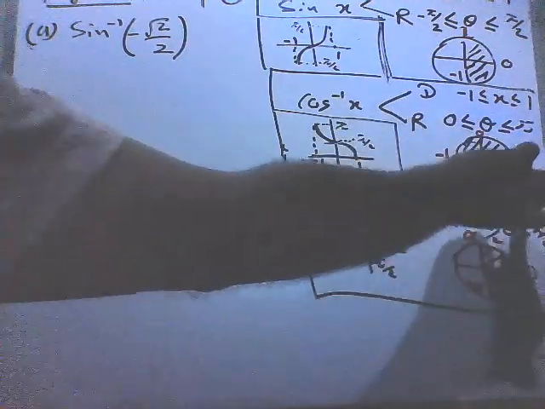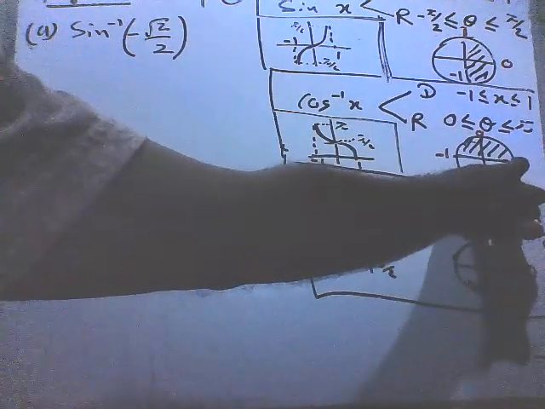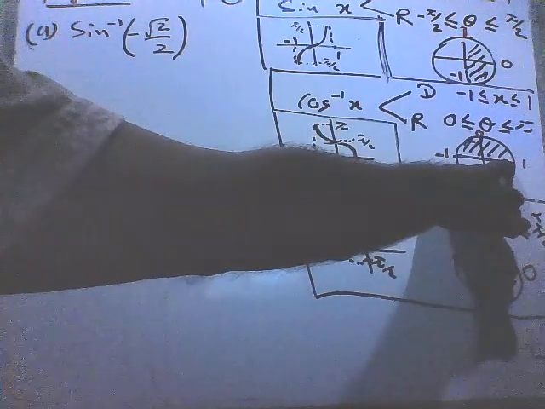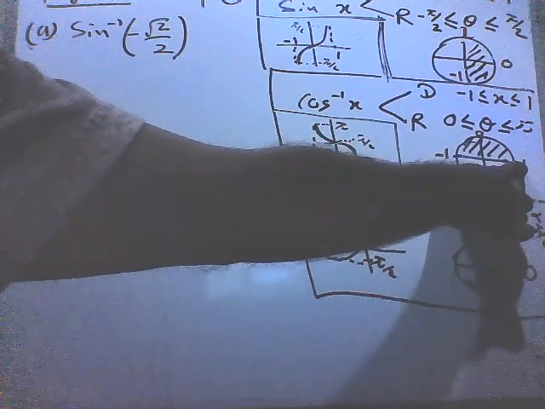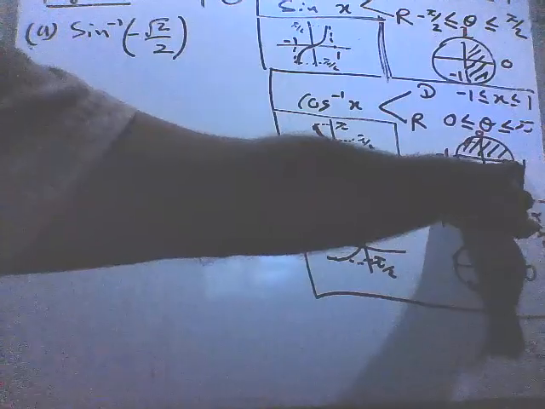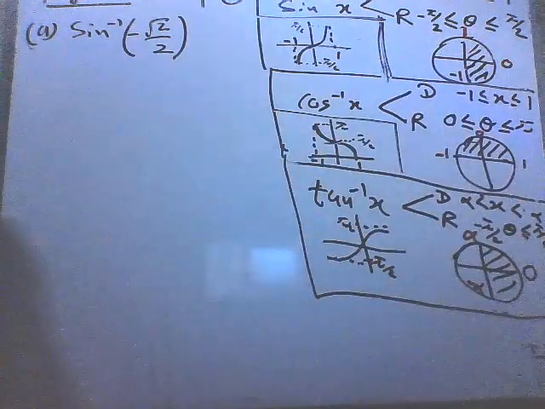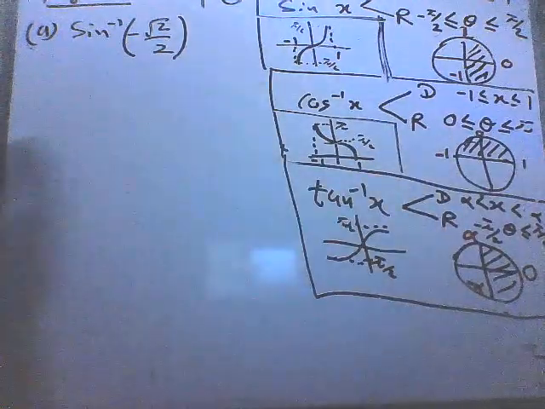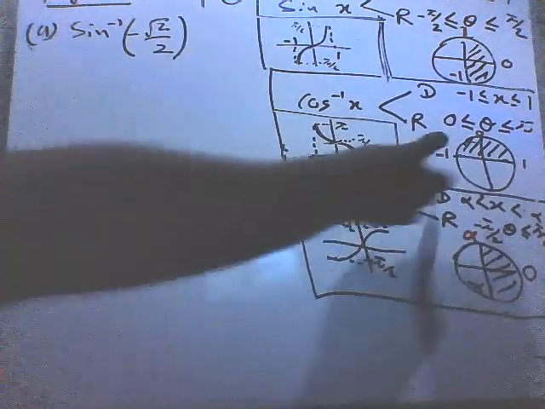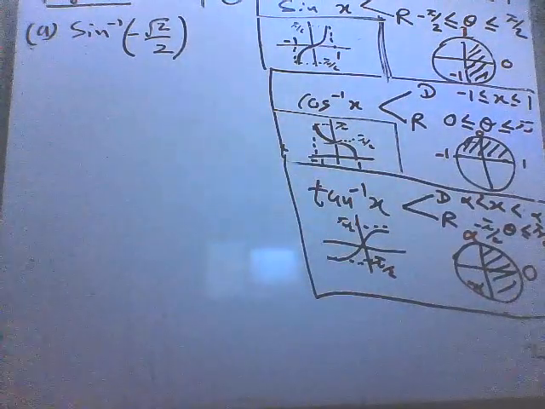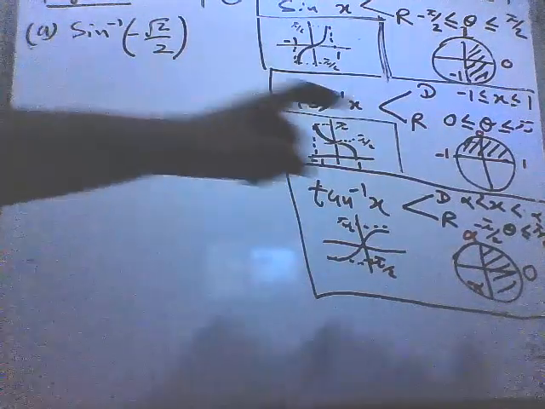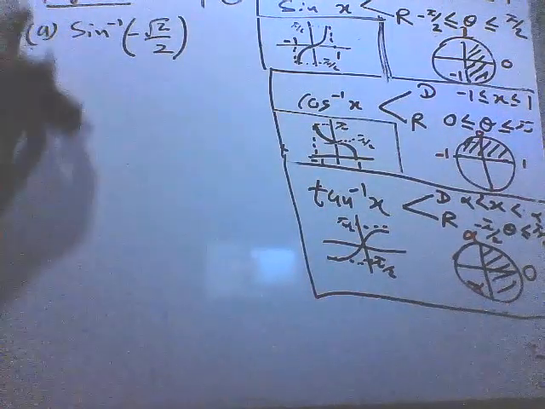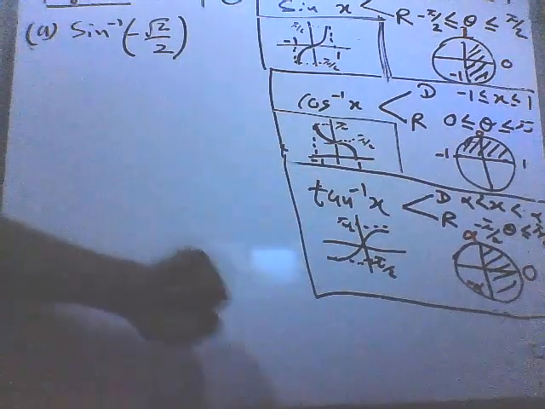Here, when the angle is 0, cos 0 gives 1. When it comes to here, cos 90 is 0, and here cos pi is minus 1. So that is shown here. So this shaded area is the range. Those are the outputs of this function, so it should always give values in this range.